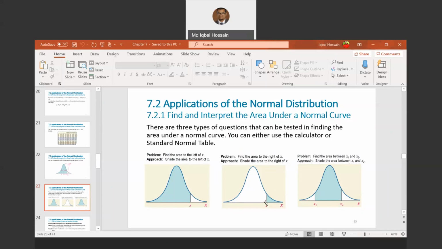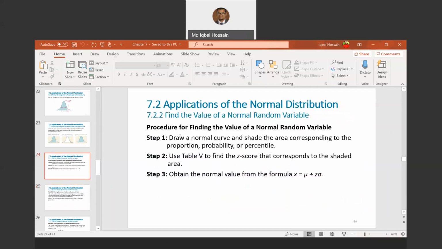For this case, we have x. And find the area between two different values. So we need to find those areas or proportions.